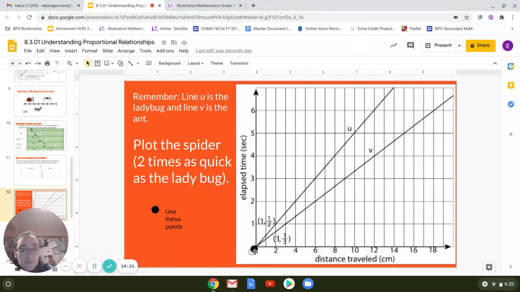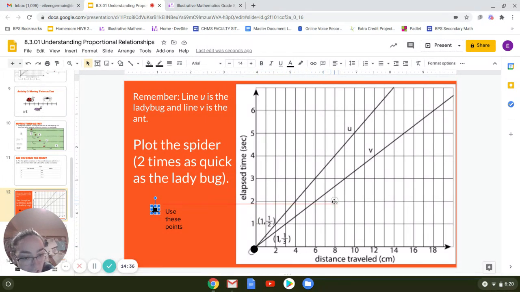So we're going to go up to an elapsed time of 2 seconds over to a distance that we found in our table, which is 8 centimeters. So I'm going to put my point over to the 8, and I'm going to connect them. Okay? Then we also know after 4 seconds, if we look at that table, it was going to be 16 centimeters from that initial starting distance.